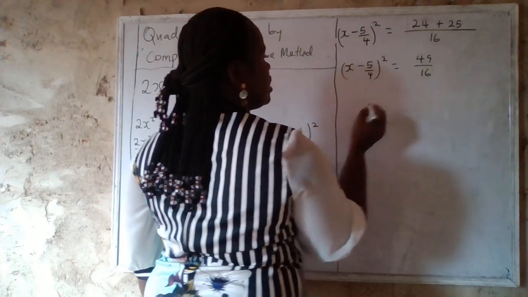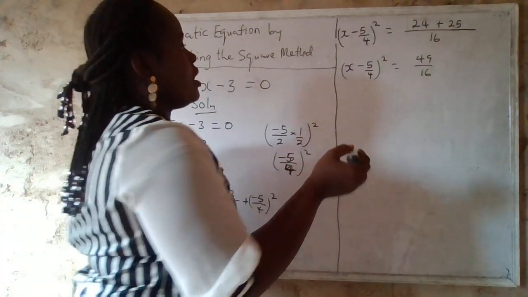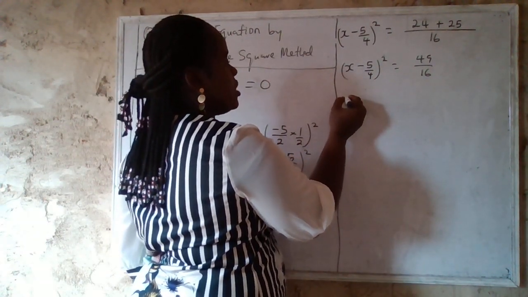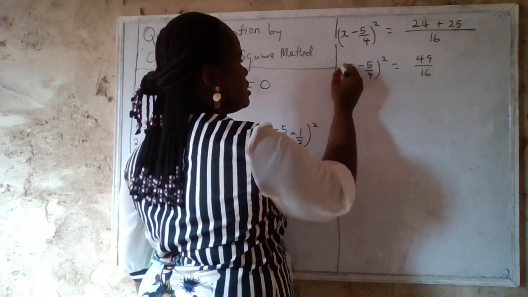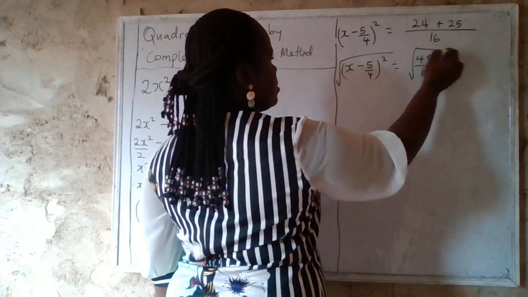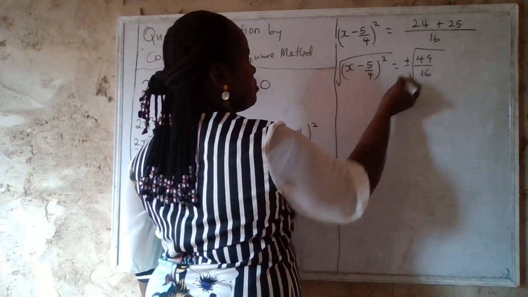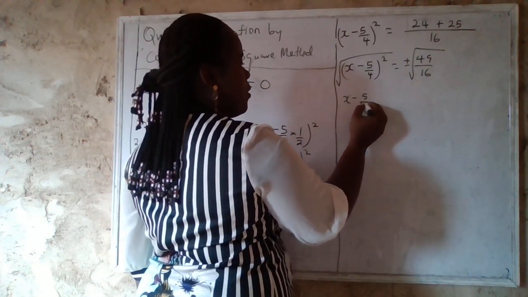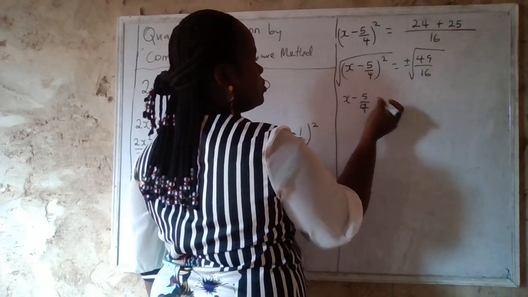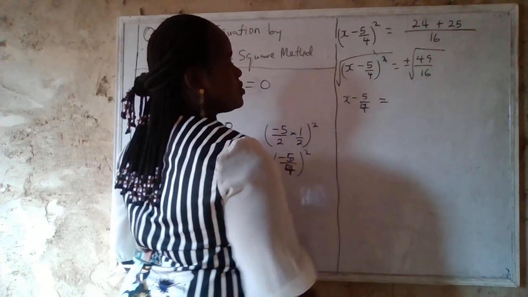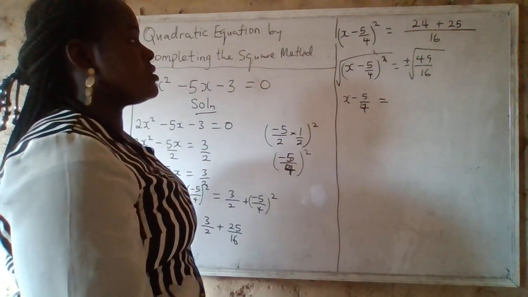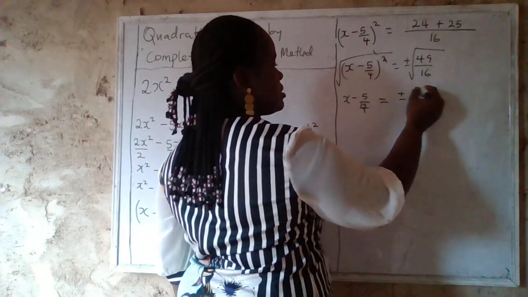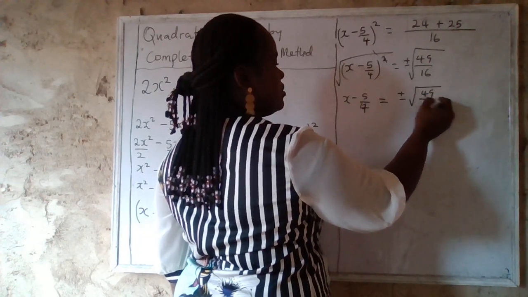Now I'm going to take the square root of both sides. If I take the square root of this, I also take the square root of this, it will give me plus or minus. So I have x minus 5 over 4 to be equal to, square root cancels square, so that I have plus or minus square root of 49 over 16.